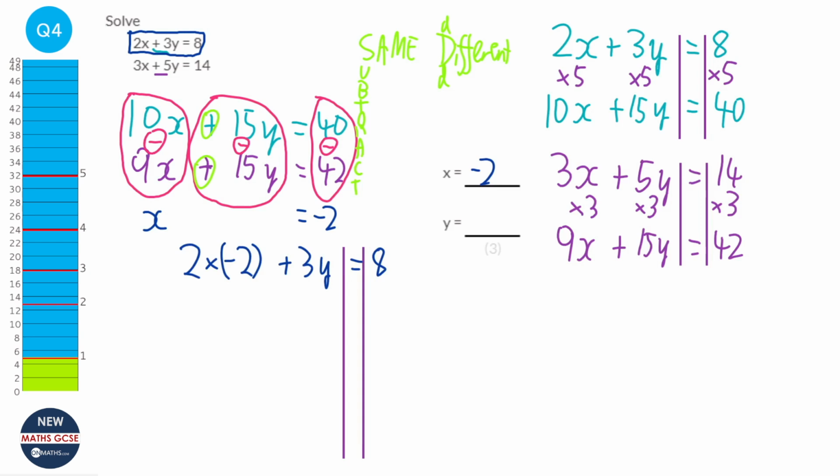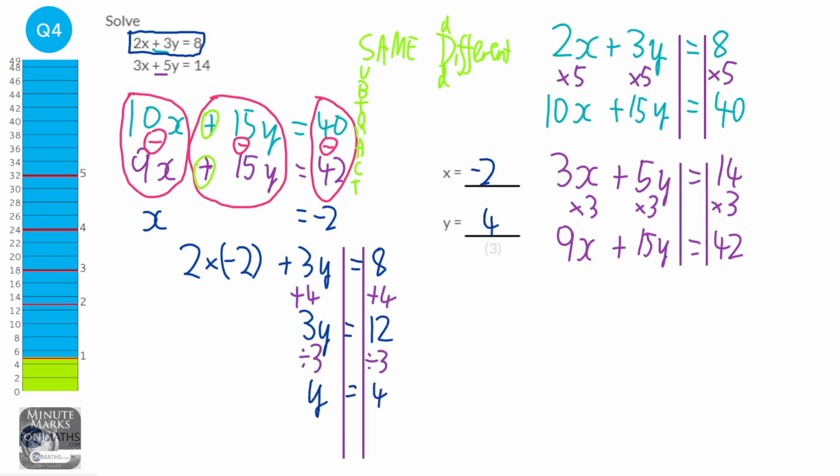We're going to add 4 to both sides because we've got a -4 here. So we've got 3y equals 12, and then the next thing is we're going to divide by 3 both sides to get y equals. So y equals 4. And we can check that by substituting it into the second equation and doing 3 times -2 plus 5 times 4, and that does equal 14.